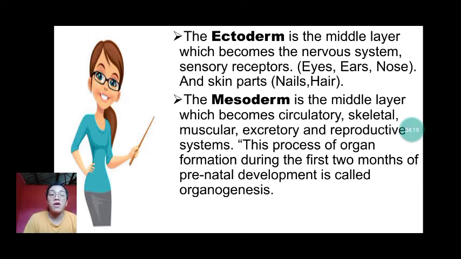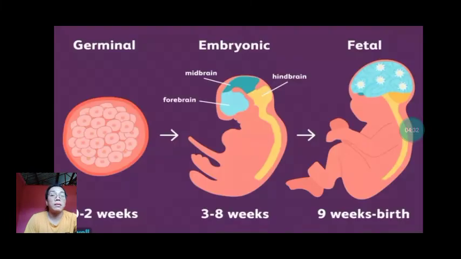This process of organ formation during the first 2 months of prenatal development is called organogenesis. Okay? So, mauna ang embryonic period, 6 weeks, 7 weeks, 8 weeks ang porma niya.